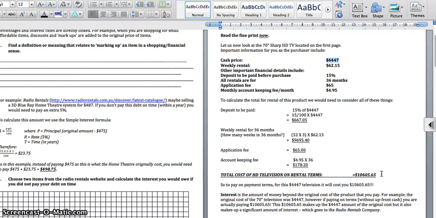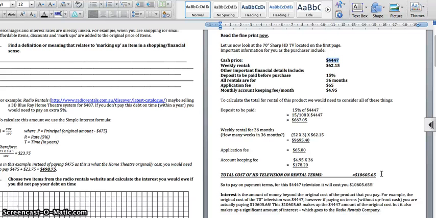There's a weekly rental fee of $62.15. There's a deposit that you have to pay, which is 15% of that. All rentals are for 3 years, so even if you could pay it off earlier, they won't let you. There's an application fee of $65, and every month of those 36 months, they'll charge you a fee of $4.95. Okay? That's all in the fine print.